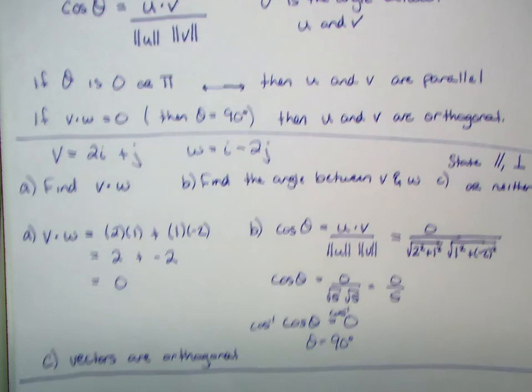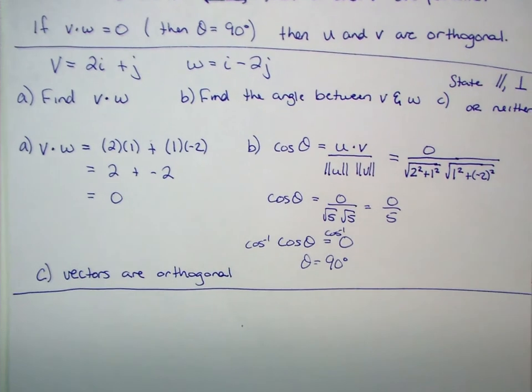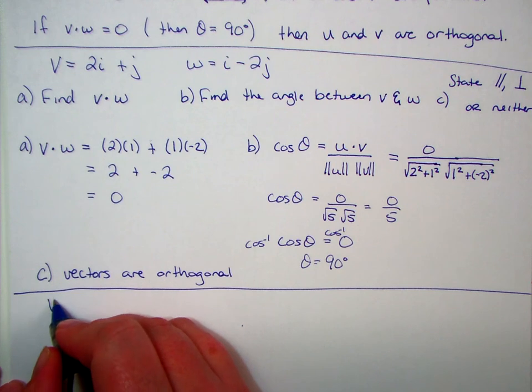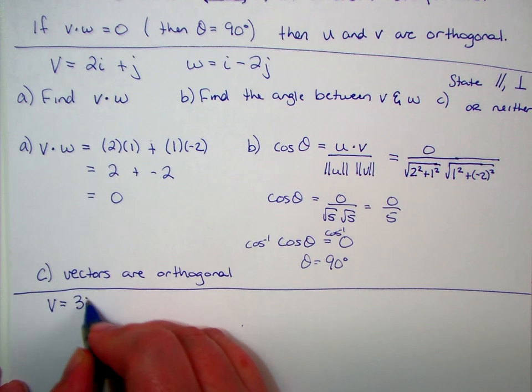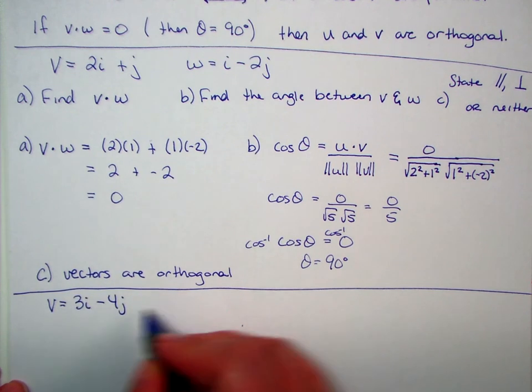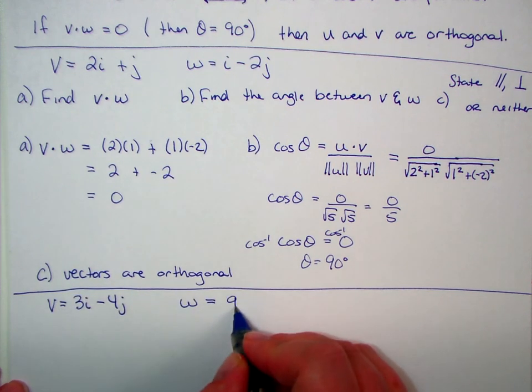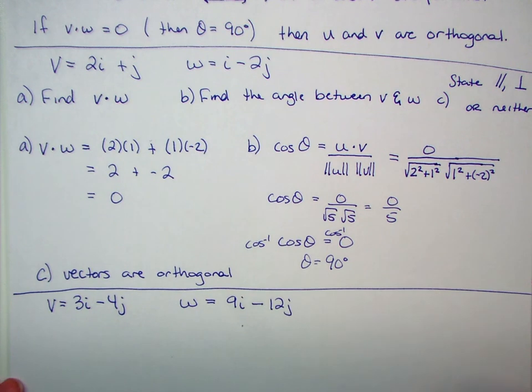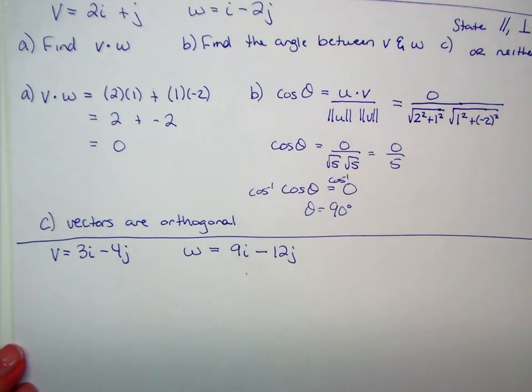All right, let's do the same thing. Okay, same directions, A, B, and C, but two new vectors. Let's do V is 3I minus 4J, and W is 9I minus 12J. Okay. So first, let's find the dot product.